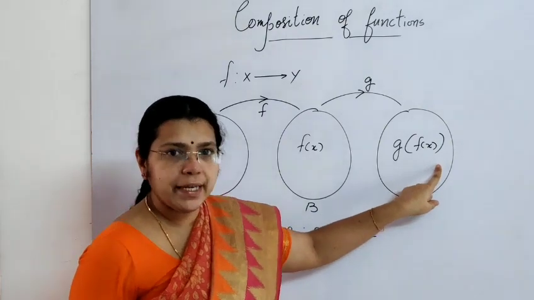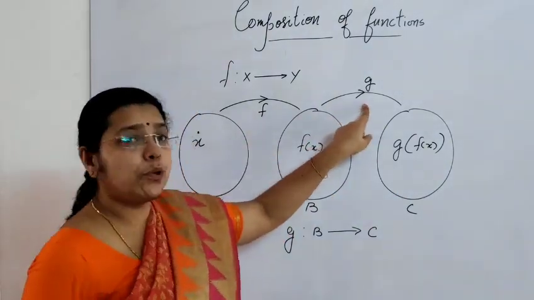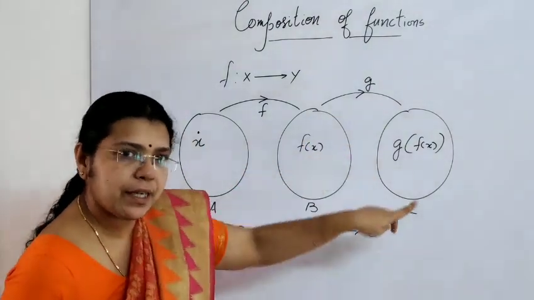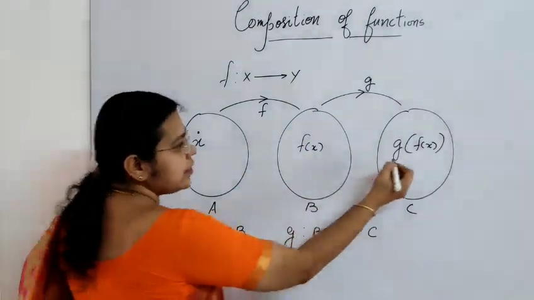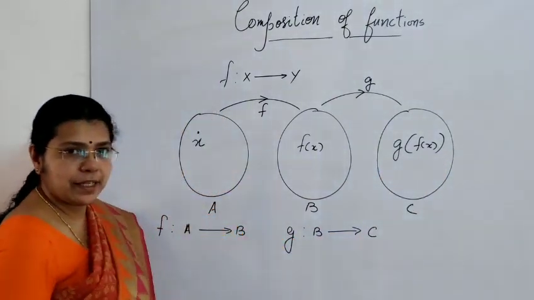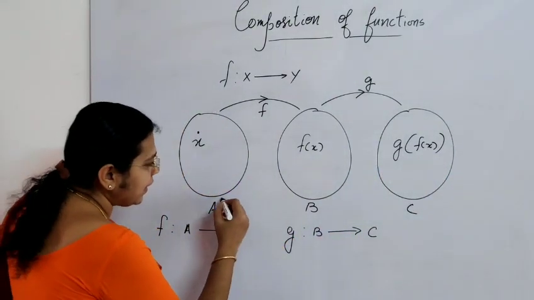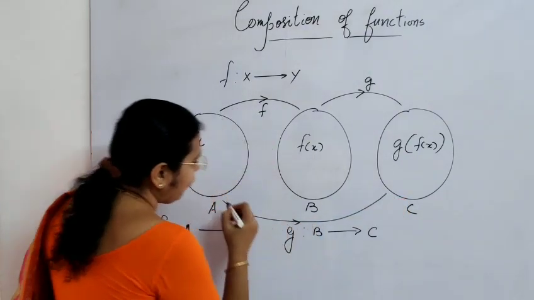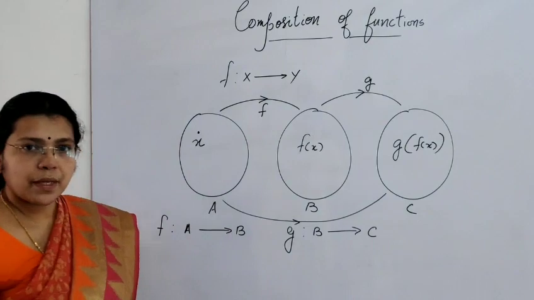Now, what did I get? I got two different functions acting one after the other, right? Now, this g of f of x, I can say it is a function from where to where? From A to C, right?